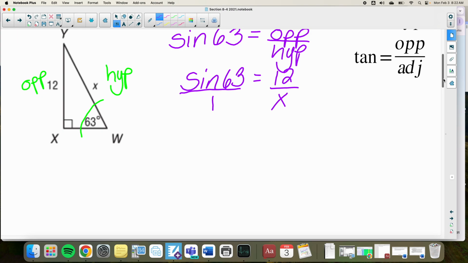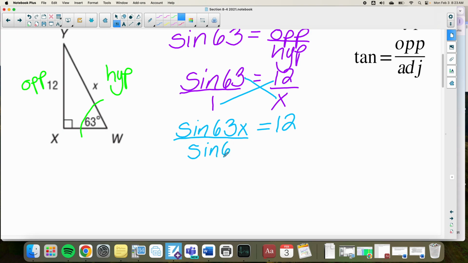So I'm gonna put this over 1, and then cross multiply, and I'd get sine of 63x equals 1 times 12, which is 12, okay? Now that's sine of 63 times x. How do you think we could get rid of that? Dividing, yes. So we're gonna divide by sine of 63.